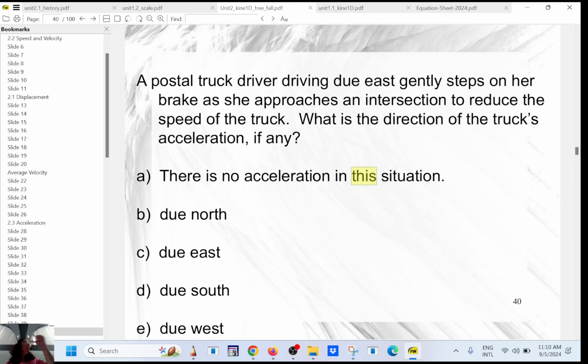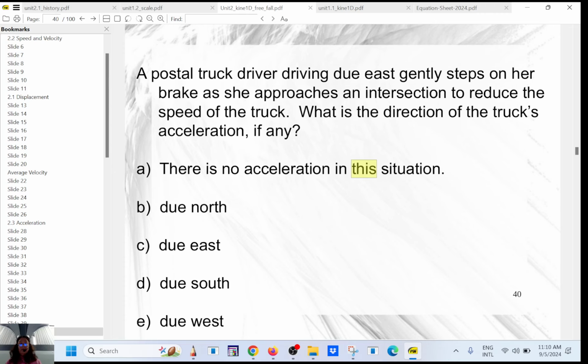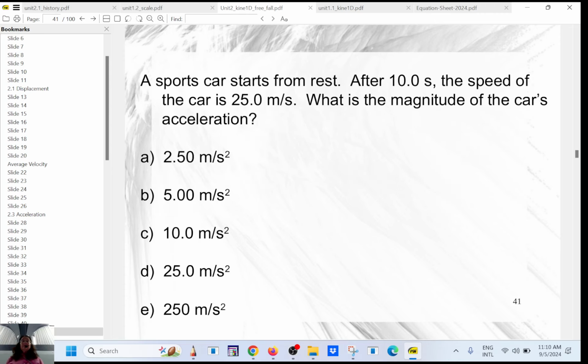Okay? So opposite direction. So easy. So when it says in a problem from rest, that means initial velocity is 0. That's how you translate that. So final velocity is 25, initial velocity is 0, time elapsed is 10. What's going to be the acceleration? 2.5. Do you all agree?